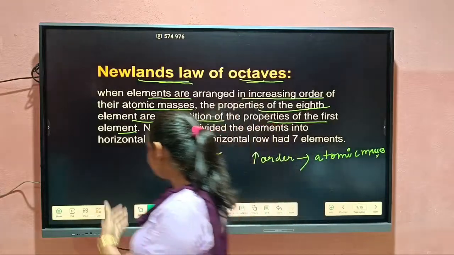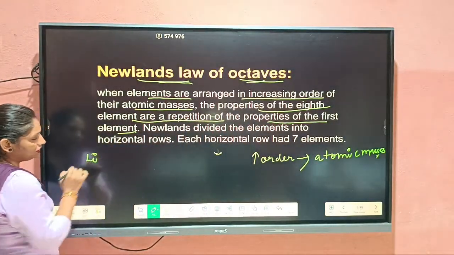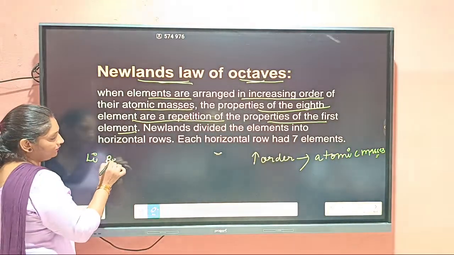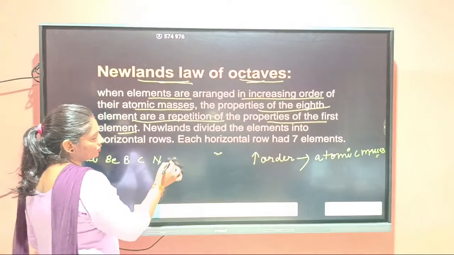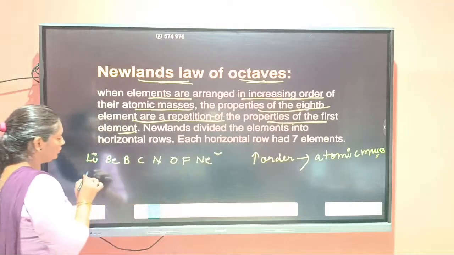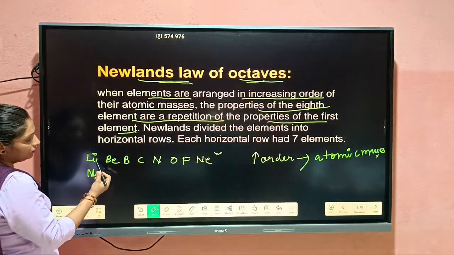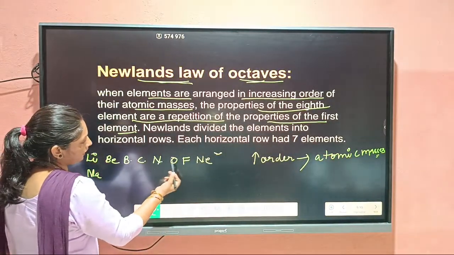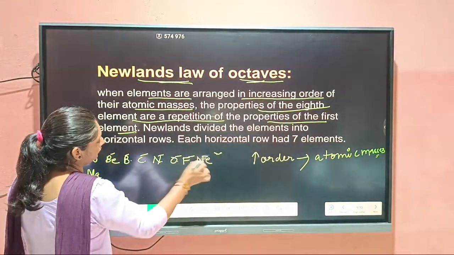For example, if we have lithium, beryllium, boron, carbon, nitrogen, oxygen, fluorine, neon, sodium. So you know very well, here 1, 2, 3, 4, 5, 6, 7, 8.